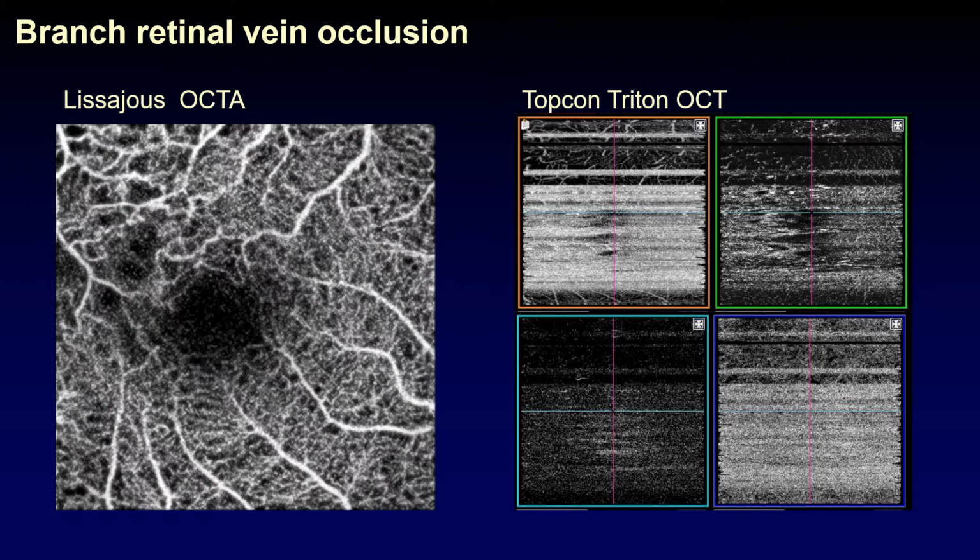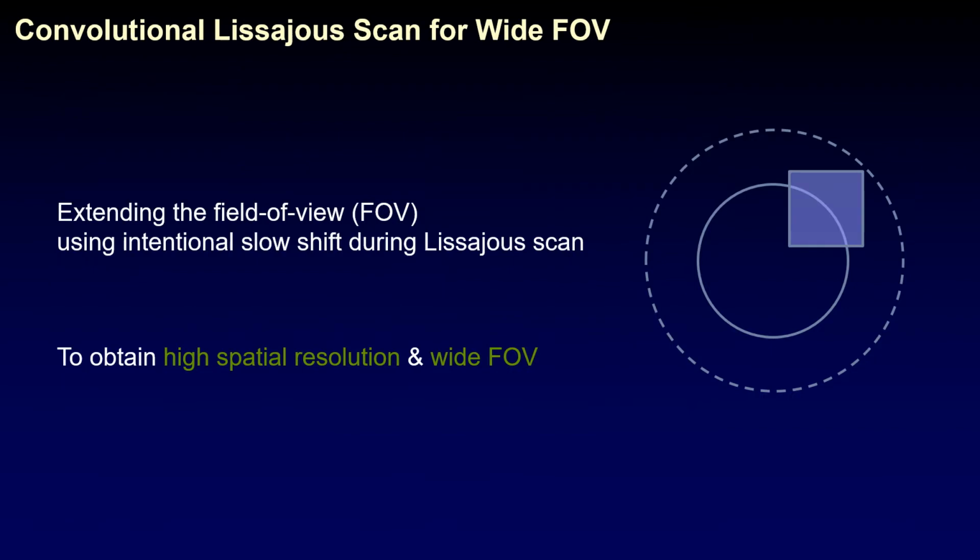However, its field of view is still up to 3 to 4 mm. We've introduced a new trick to extend the field of view of the Lissajous scan. Here, as we perform the Lissajous scan multiple times, we simultaneously slowly drift the center of the scan.